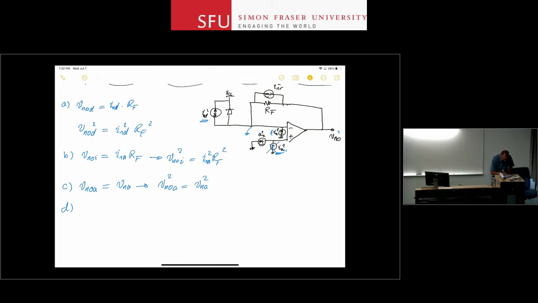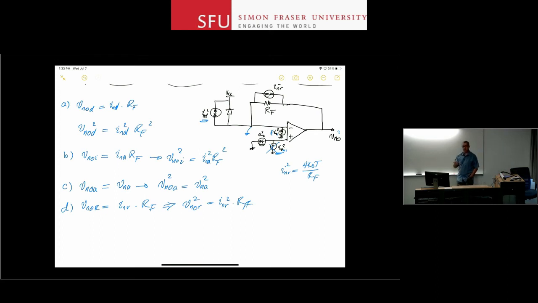If you do it this way, let's say VNOR is just going to be INR times RF, and therefore again we see that VNOR squared is INR squared, whose value for the resistor we at least know is 4kBT over RF, squared, times RF squared, which is your 4kBT RF, right?